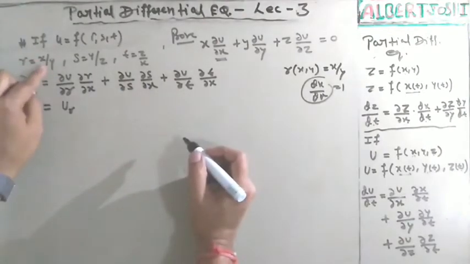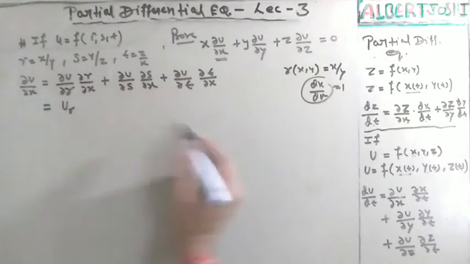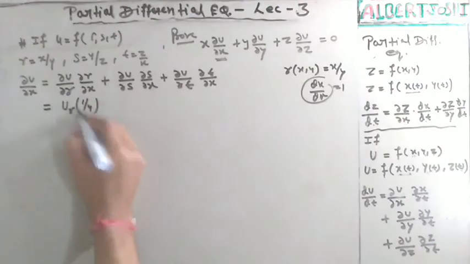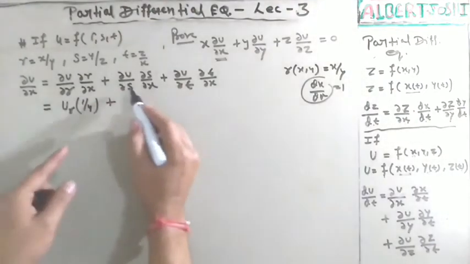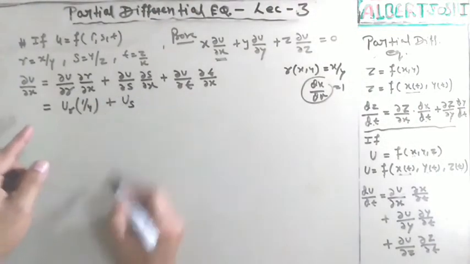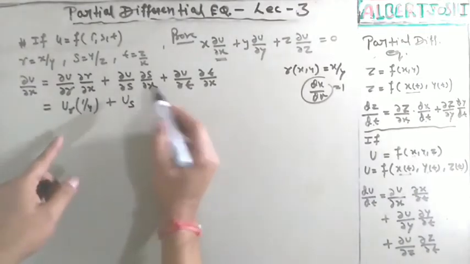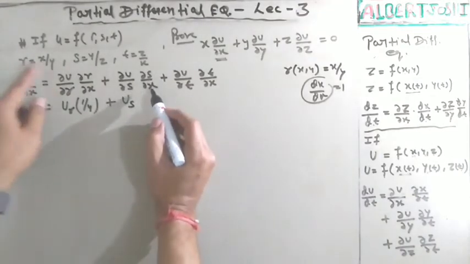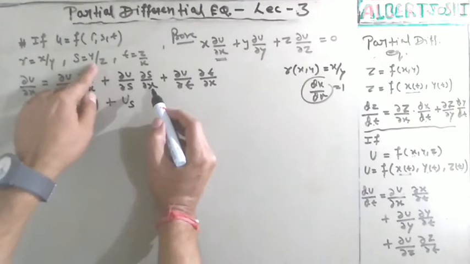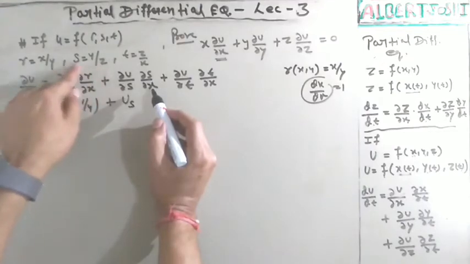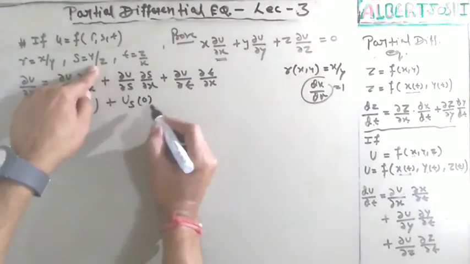So 1 upon y is constant, and dx upon dx is equal to 1. So the total answer is 1 upon y plus del u upon del s, I am writing this, its meaning is ds upon dx. Now you can see that in s there is no x, so 0.